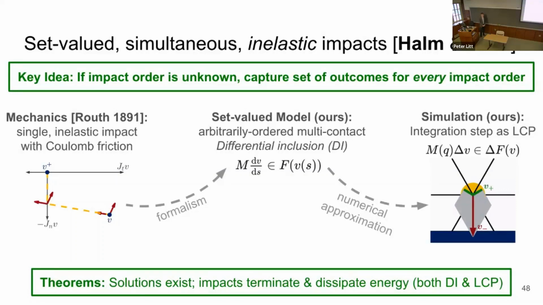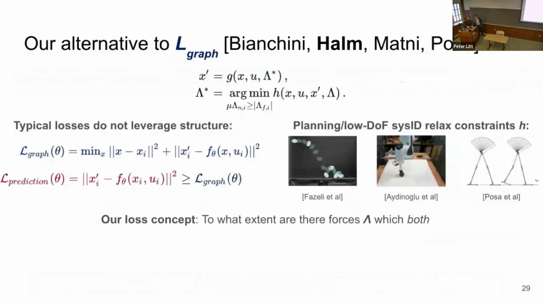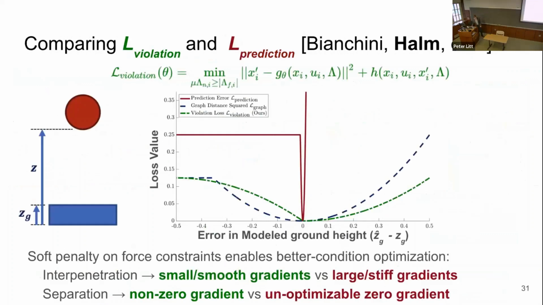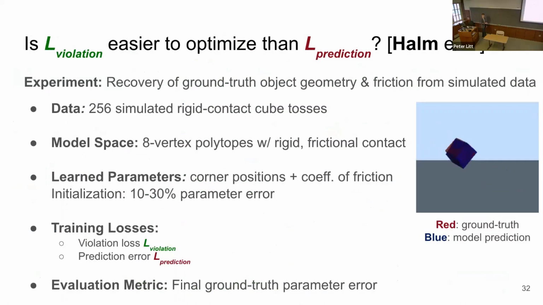I noticed when you were evaluating the violation constraints that you started in a neighborhood of the violation box, right? You started in a neighborhood of the parameters you were hoping to find. I assume this is because you were afraid of finding local minima in the parameter space. Are you talking about when we were starting with 10 to 30% relative parameter error?